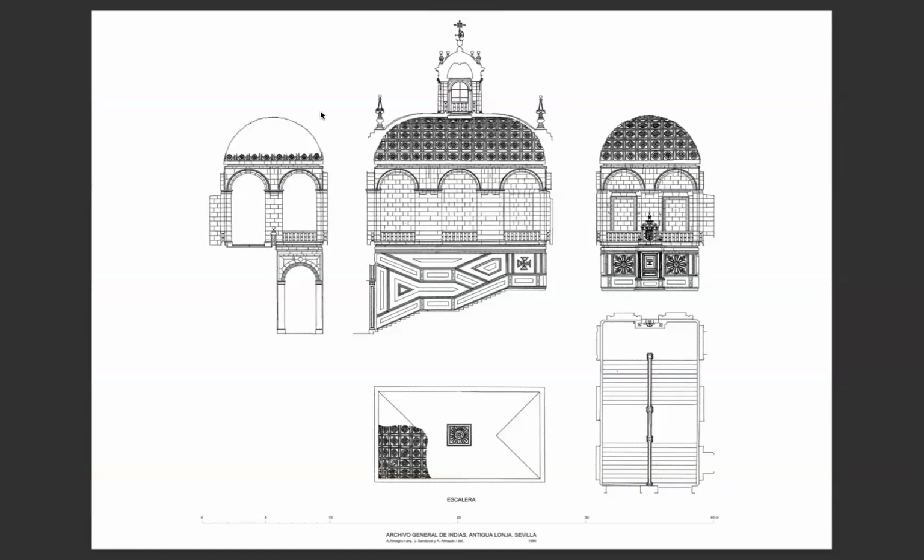The next staircase we're going to see is the staircase of the Archive of the Indies in Seville. This staircase was done at the end of the 16th century in a very flat and severe Renaissance style, which is called Herreriano in Spanish, because it has a very direct influence from Juan de Herrera. The building was initially a sort of stock exchange.